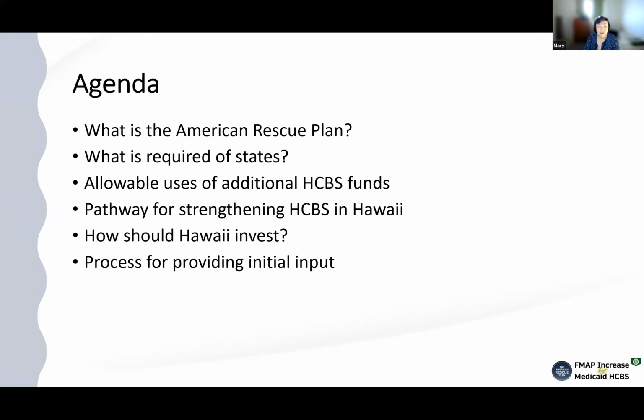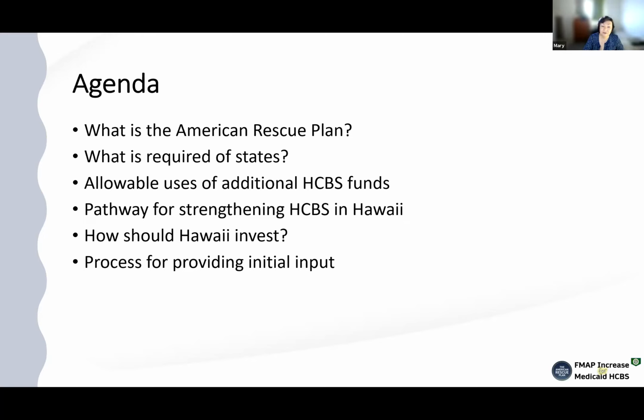Basically, our overall agenda is to introduce you to what the American Rescue Plan is; what the requirements are for states in order to qualify for the funding under the American Rescue Plan; what the allowable uses of the funds are, those activities that are allowed; and our pathway for strengthening home and community-based services in Hawaii, which are basically the waiver services for us.